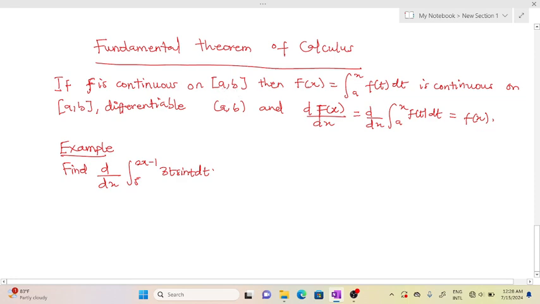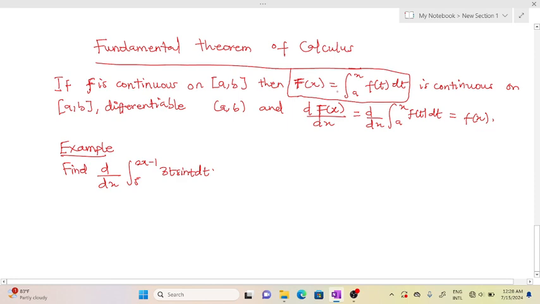Then there is a bigger function, capital F, which is equal to the integral of an unknown function of t from a, one endpoint of this interval, to x, which you don't know. So our capital F of x is defined as this. That is one thing you have to take note of.